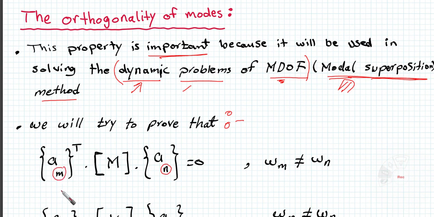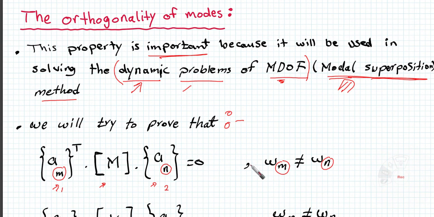So consider it like mode shape 1, for example, and mode shape 2 for a system that has 2 degrees of freedom. Okay, so we want to prove that AM transpose times M times AN equals 0. This is a vector, this is a matrix, equal to 0. With one condition, that the frequency of mode shape M does not equal the frequency of mode shape N. Okay, this is the major condition for us here.